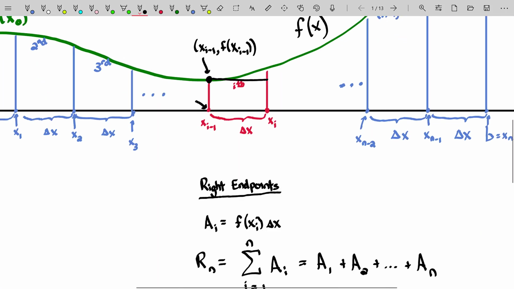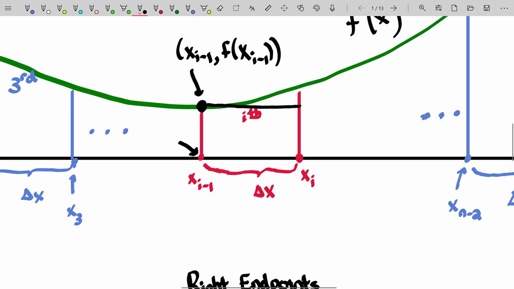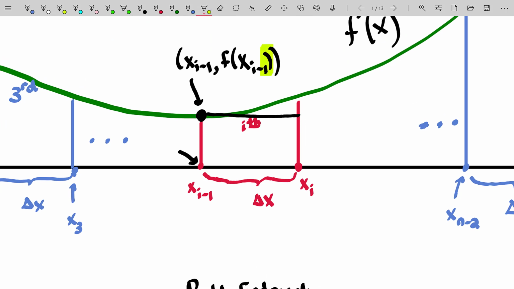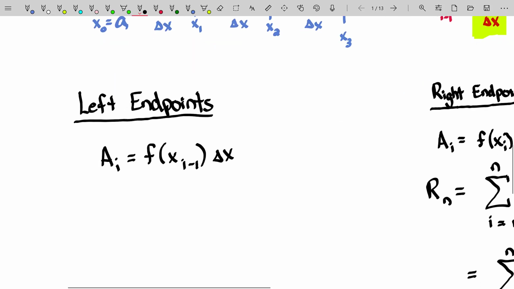So in this instance, if we were to use left endpoints, again, the area of this ith slice is height times width. Again, height being this guy right here, width being that guy right there. So we get f of x sub i minus 1 for the height and delta x for the width.